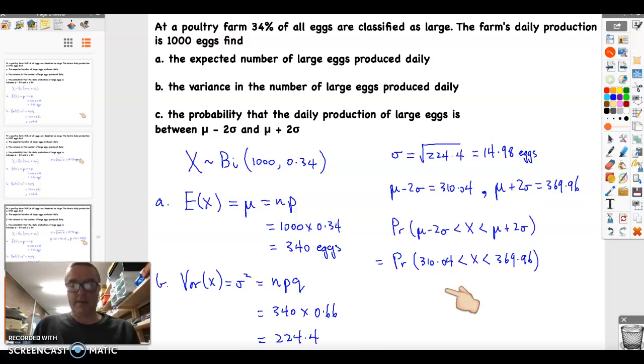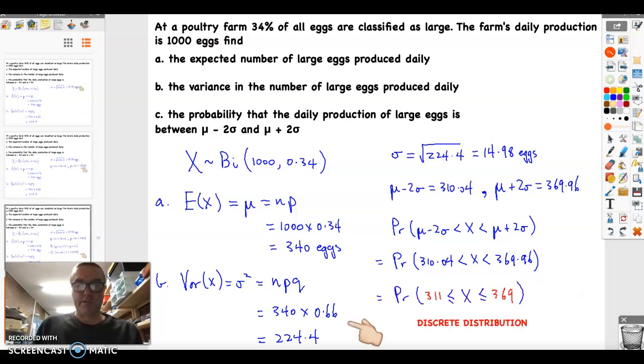So setting this out, the probability that x lies within 2 standard deviations of the mean means that we're interested in the probability that x is greater than 310.04, less than 369.96. But we need to remember we're working with a discrete distribution.